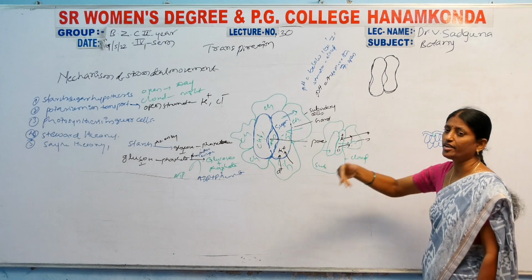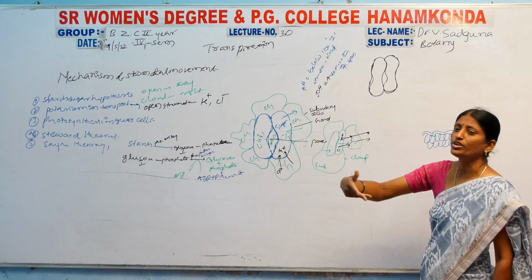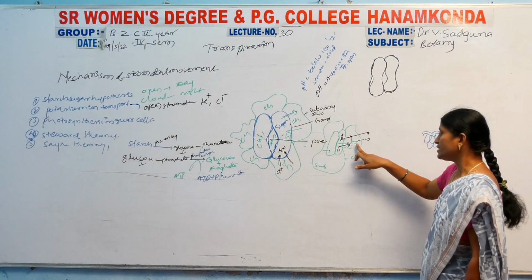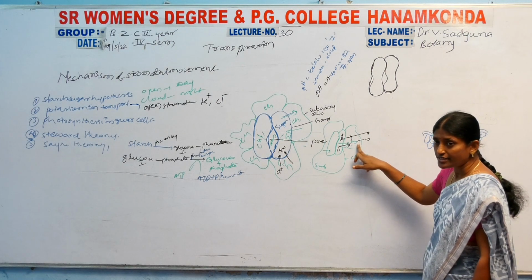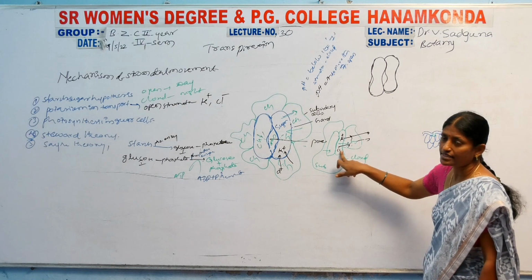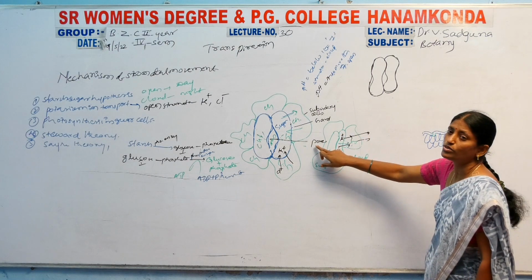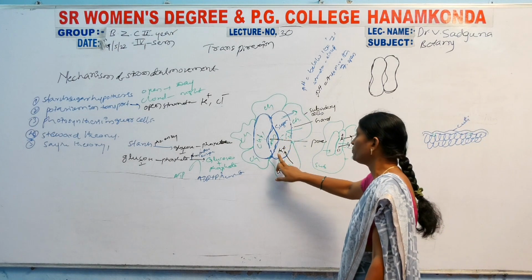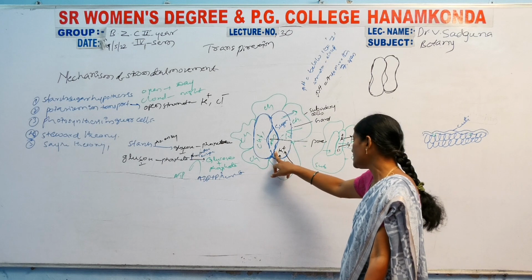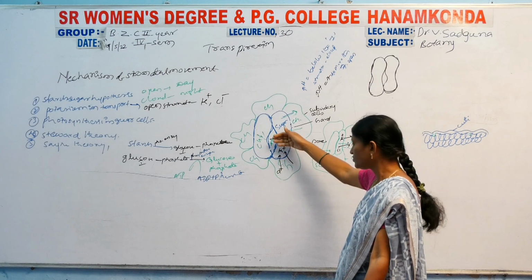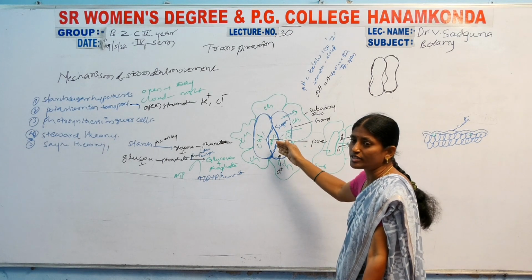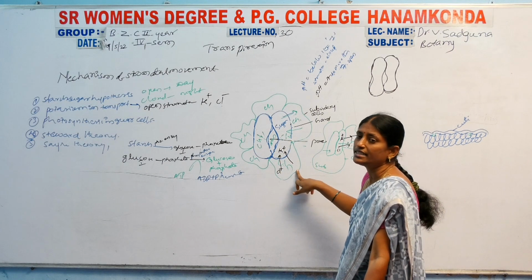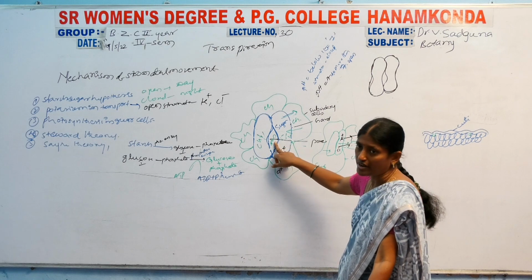When we provide a potential pressure, the ions move from the subsidiary cells to the guard cells. That is when the stomata are closed. Then when the stomata are open, the potassium ions move from the guard cells to the subsidiary cells.